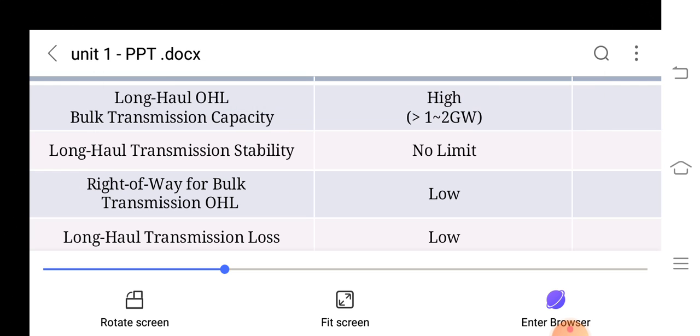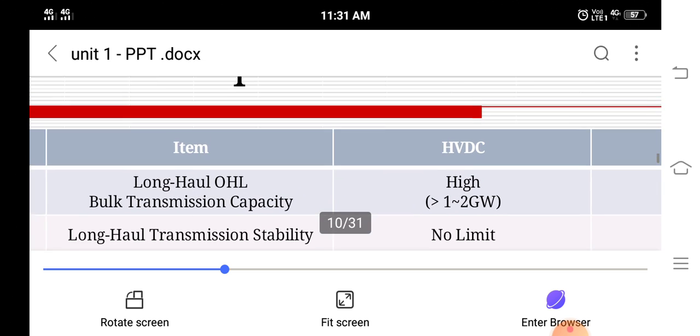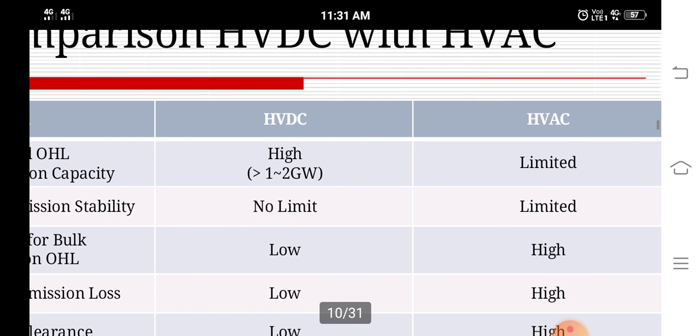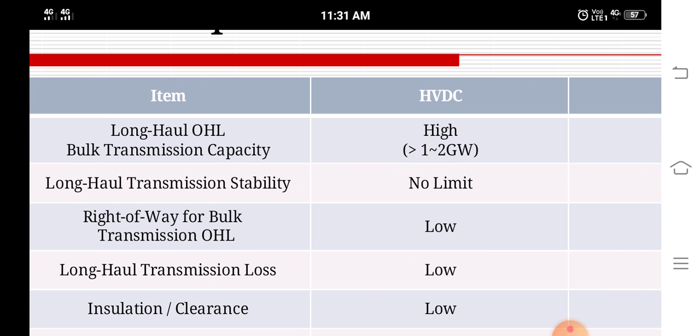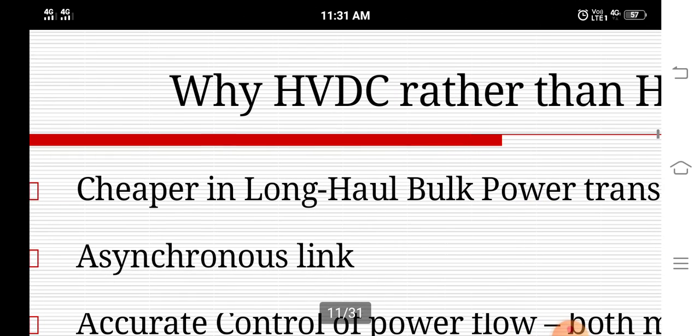Comparatively, these items depend on HVDC and HVAC power transmission features. So kindly look at this.